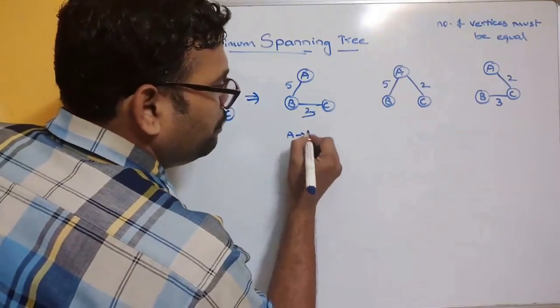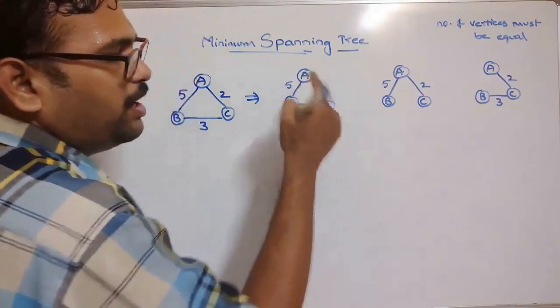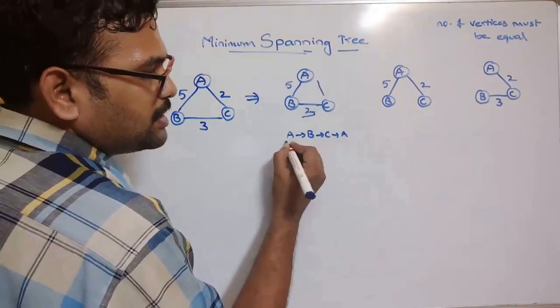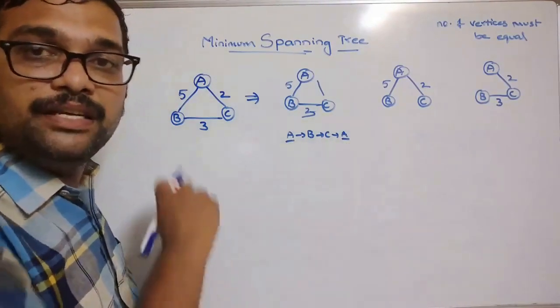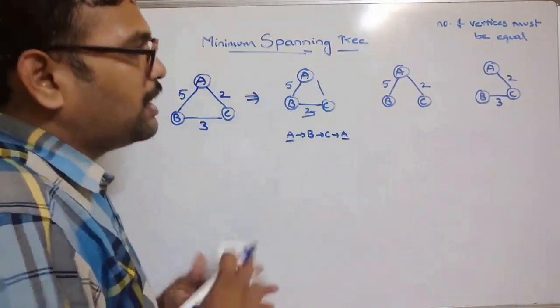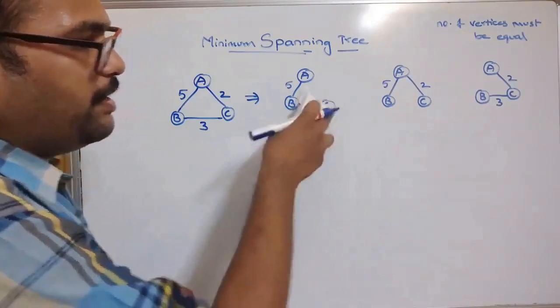If you add one edge from C to A, what happens? The starting vertex and the end vertex are the same. That means it forms a cycle, so we should not connect this one. That's why we are not connecting, and this is a spanning tree, right?